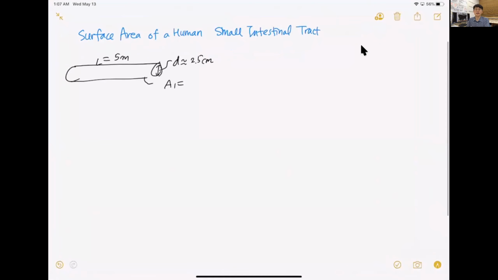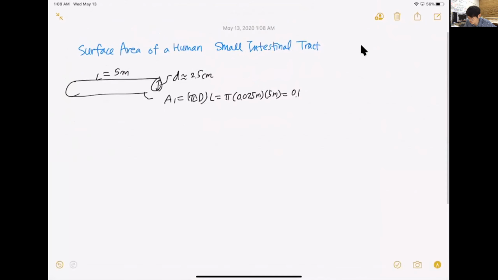Let's say A1 is the rim, which is pi times the diameter multiplied by the length. So A1 is pi times D times L. That's pi times the diameter, 0.025 meter, and length about 5 meters. So that is about 0.125 pi, or 0.393 square meter. So that's the first.